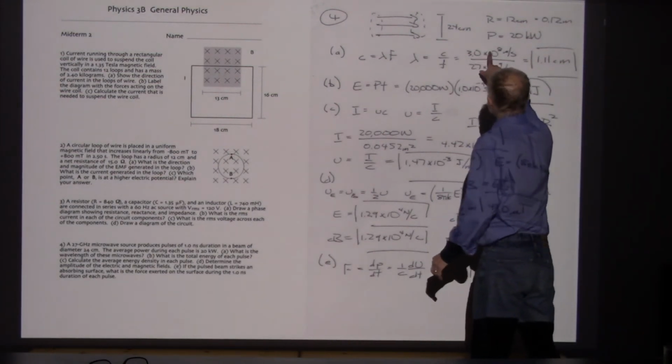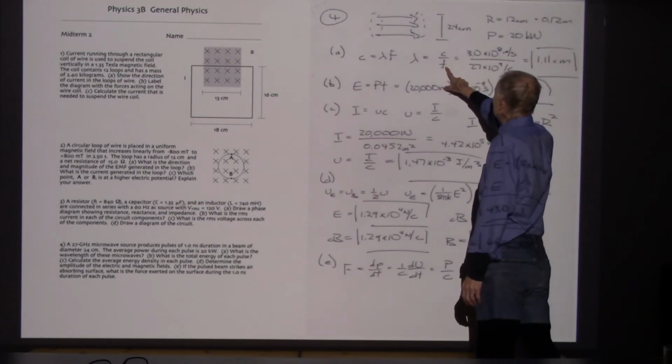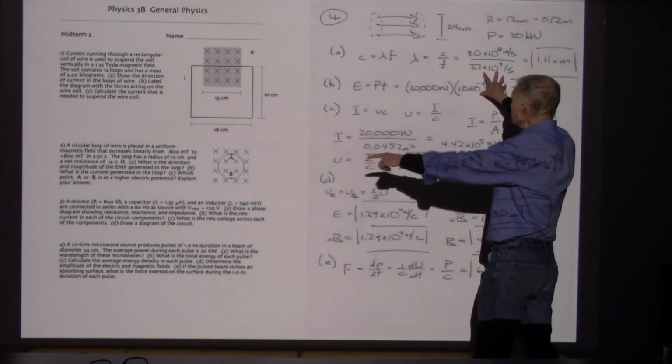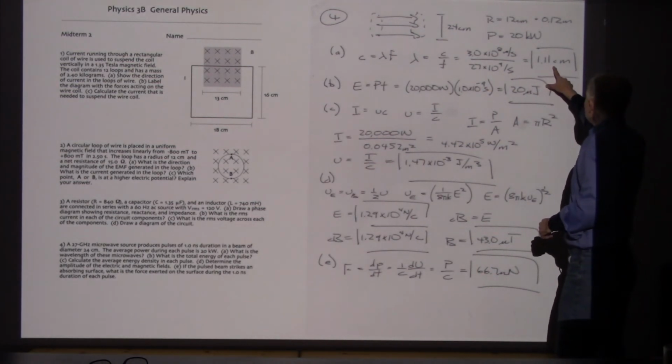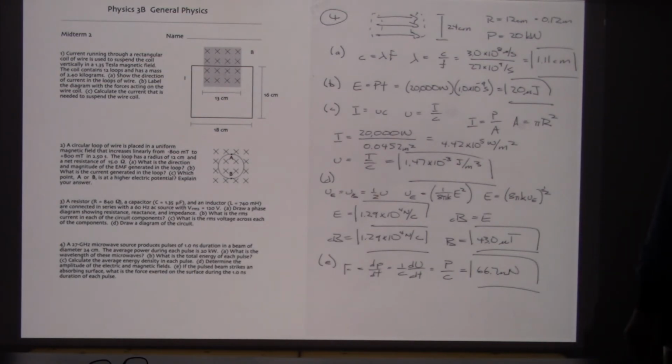That allows me to write in the speed of propagation, the speed of light, and divide through by the frequency, which was 27 giga, is 10 to the 9th. And that says the wavelength for this microwave source is 1.11 centimeter. And that's a pretty typical wavelength for something in the microwave part of the spectrum.